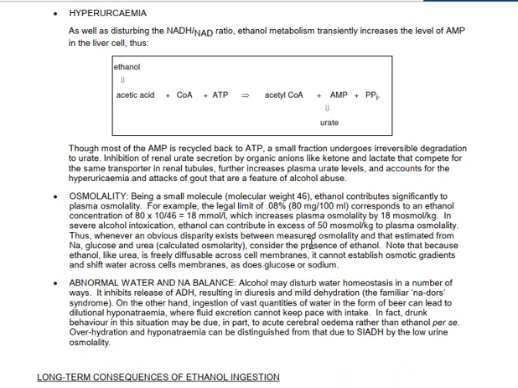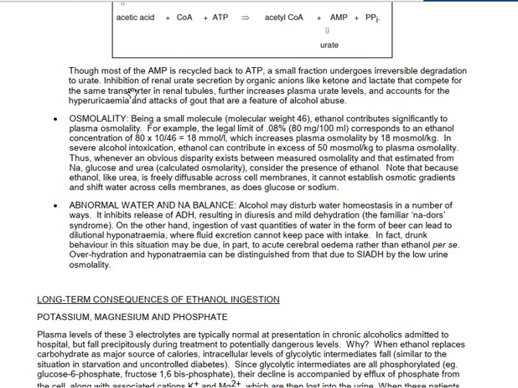Is it clear? So the next is that ethanol is also going to result in an increase in osmolality. You need to know that ethanol is going to be more concentrated in the extracellular fluid than the intracellular fluid. That's why when you drink too much ethanol, you are going to have dehydration in this patient, because fluid is going to shift from the intracellular fluid to the extracellular fluid, and you are going to have high diuresis.